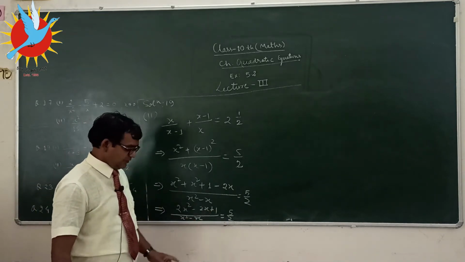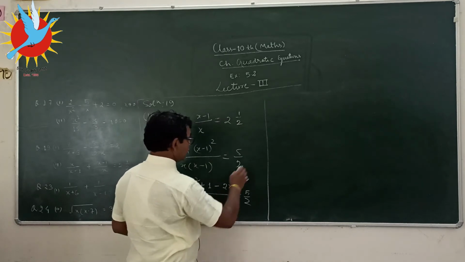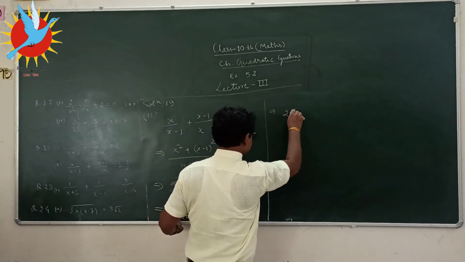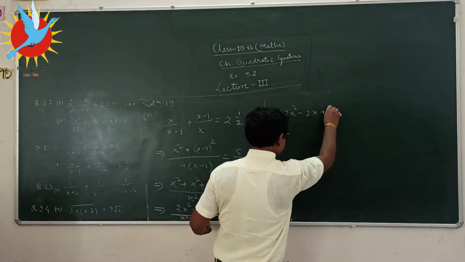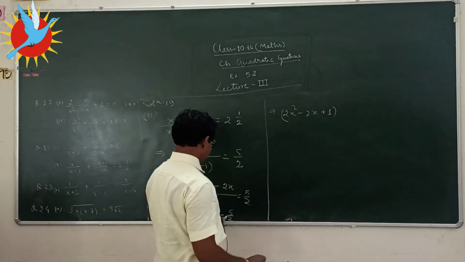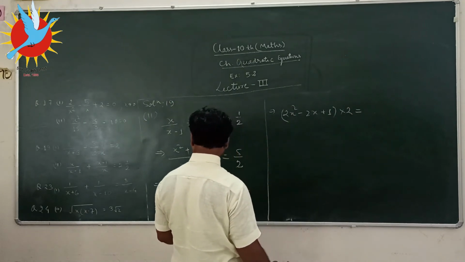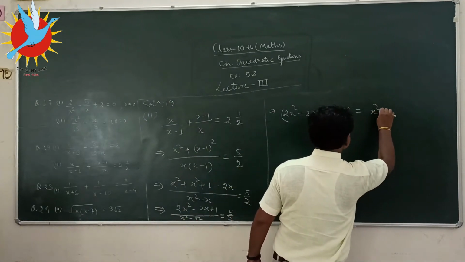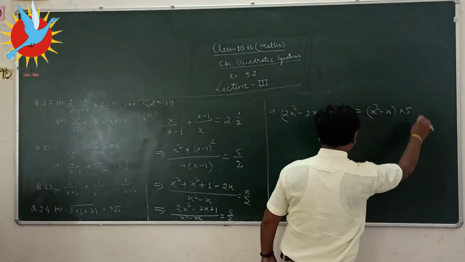Cross solve it. This will become 2x square minus 2x plus 1 upon x square minus x equal to 5 by 2. Taking cross multiply, we have 2x square minus 2x plus 1 multiplied by 2 equal to x square minus x multiplied by 5.